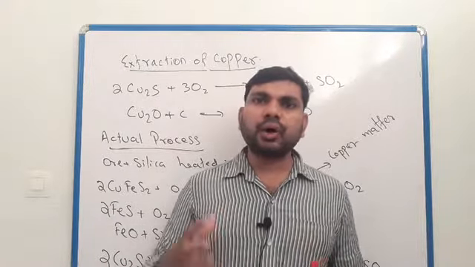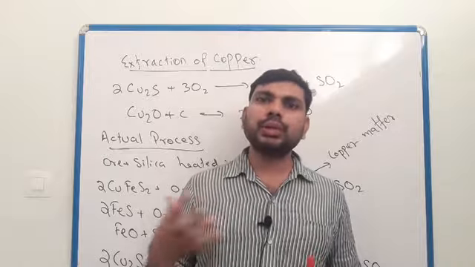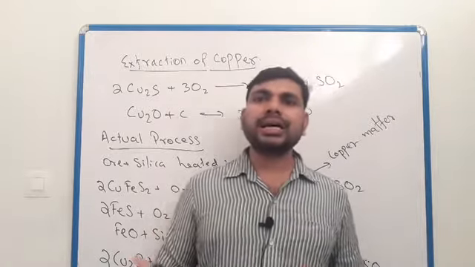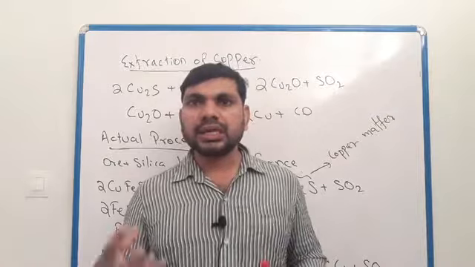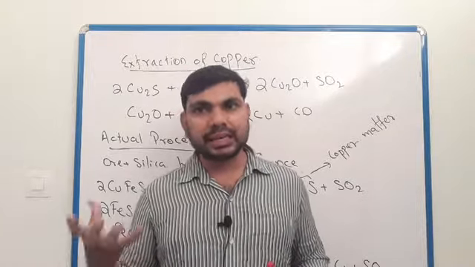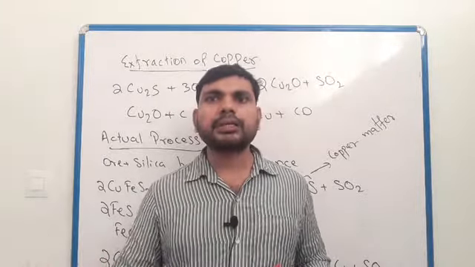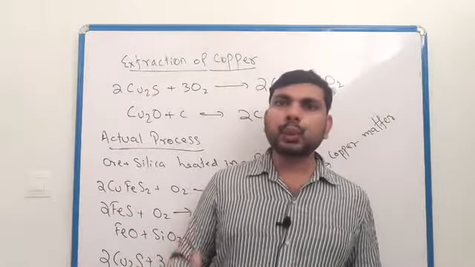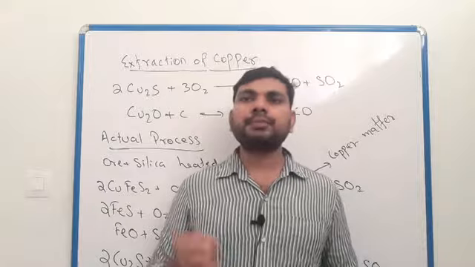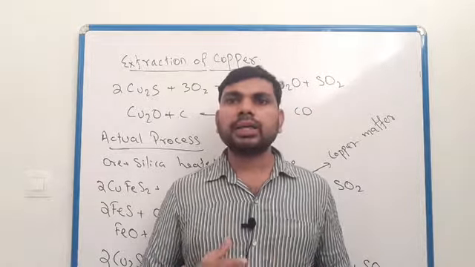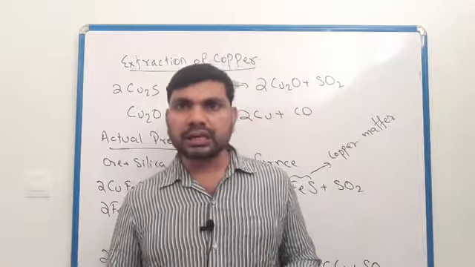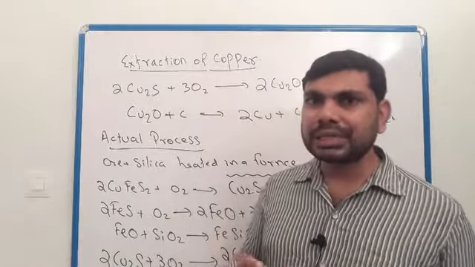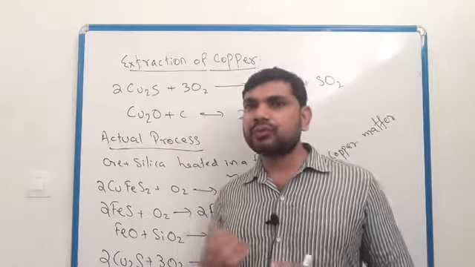Copper sulfide on strong heating will change to copper oxide and sulfur dioxide. Sulfur dioxide gas escapes outside and copper oxide is left behind. Copper oxide reduced with carbon gives copper and carbon monoxide. These are the chemical reactions taking place during extraction of copper.